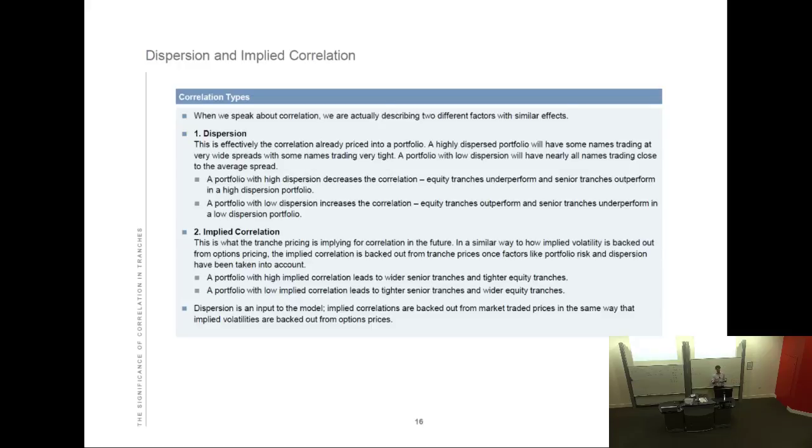But then you can overlay it with your view of implied correlation in the future, and that is in a way the parameter we want to tweak to express tranche prices, and that's the parameter people track to judge whether tranches are expensive or not at any point in time, just like people track if volatility is high or low in the option space.